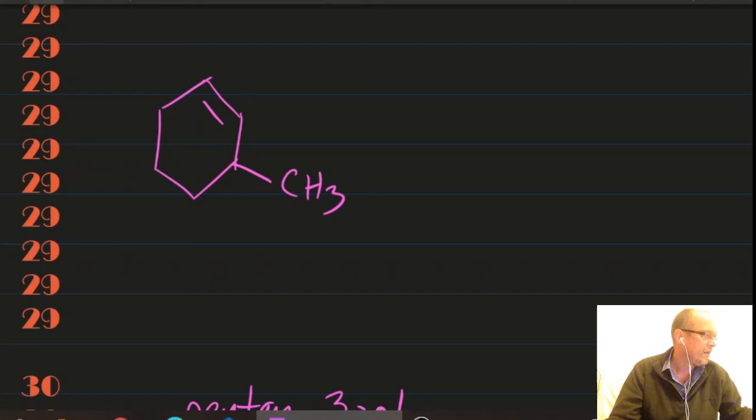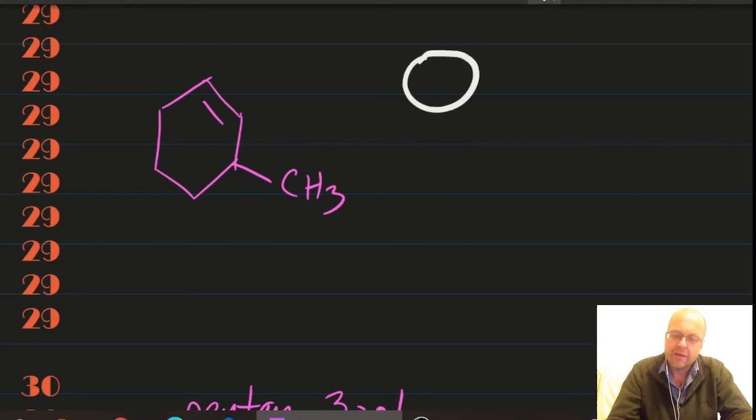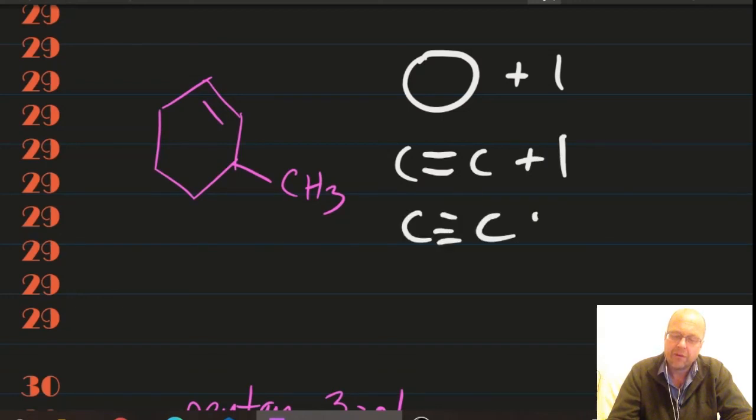29, index of hydrogen deficiency. Ignore the equations in the textbooks. That's just awful. So every time there's a ring, you add 1 to the index of hydrogen deficiency. Every time there's a double bond between carbons, you add 1. There's a triple bond, you add 2. What is the index of hydrogen deficiency?